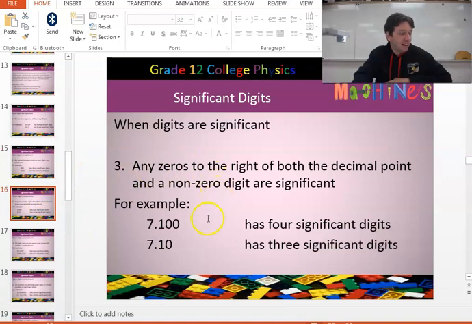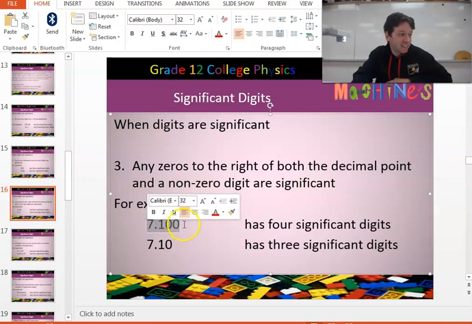Moving on, if we have a 0 to the right of a decimal, it's also significant. You're probably thinking, when are they not significant? We'll get to that. So 7.100 has 4 significant digits and 7.10 has 3. Now it's the exact same number, but remember, because this one has more significant digits, that last digit was the estimated one. Whereas for this person, this last digit was the estimated one.